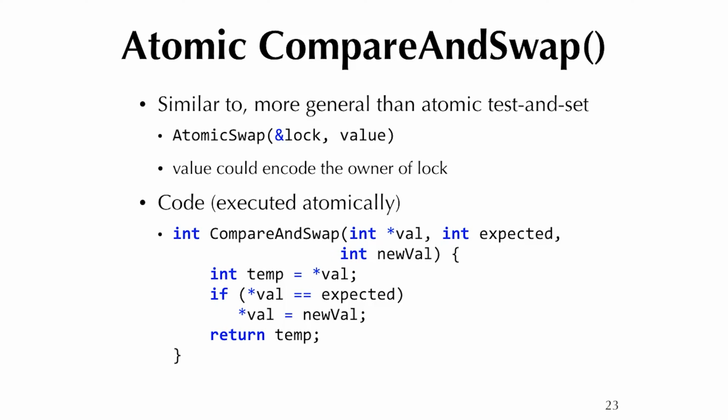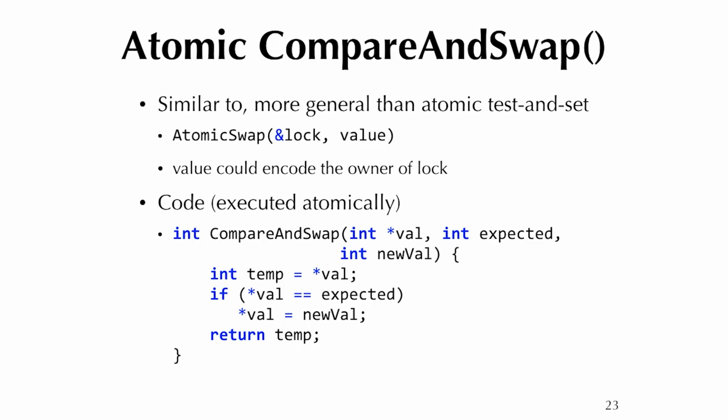Atomic compare and swap is a higher level, more complex and more general instruction. You can use it to implement atomic test and set as well. What it does is you pass more parameters. That includes the locking variable itself, the expected value and the new value.